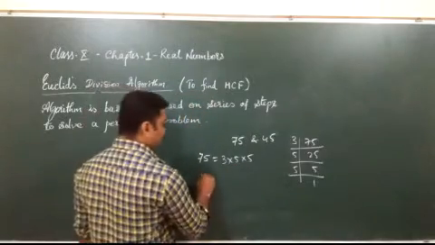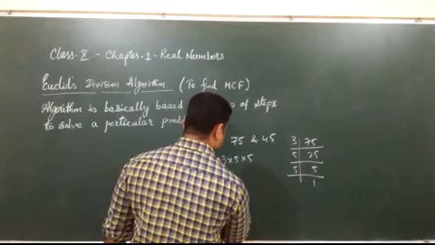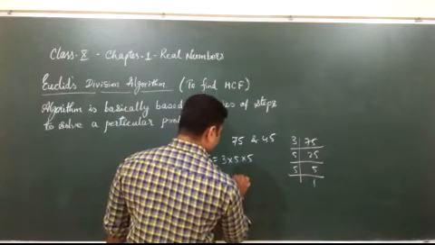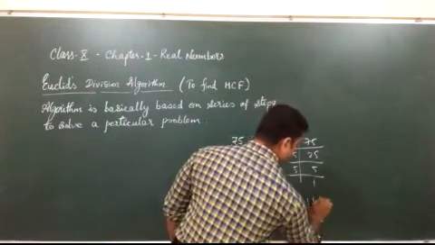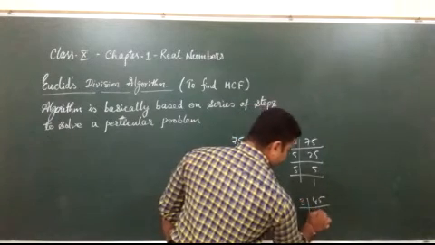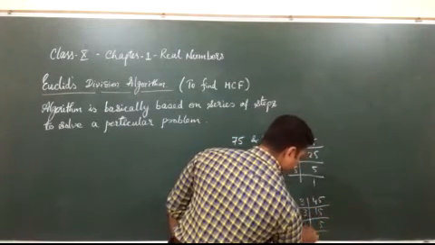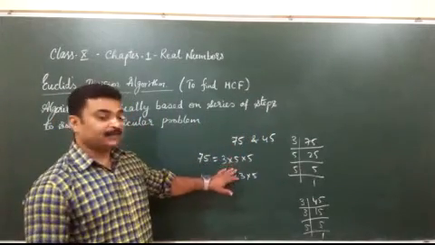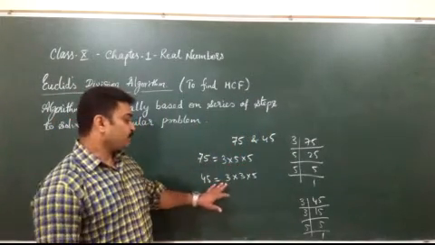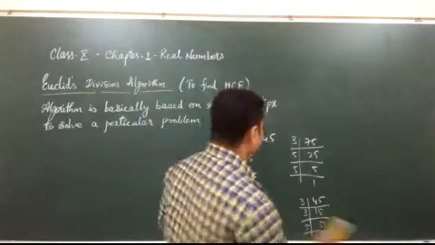Clear? Now 45. The prime factors of 45 are 3 into 3 into 5. How? 45 is 3 times 15, 3 times 5, then 5. So 75 can be written as 3 into 5 into 5 and 45 is written as 3 into 3 into 5.